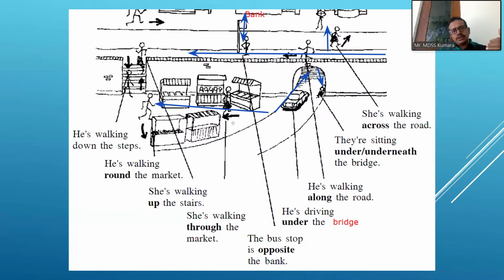We use through when there are things rising from all the sides, like maybe trees, buildings, shops and all. That is when we use through the wood, through the market, through a tunnel and the like.